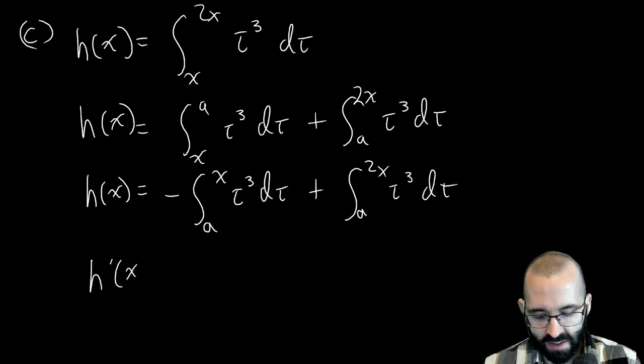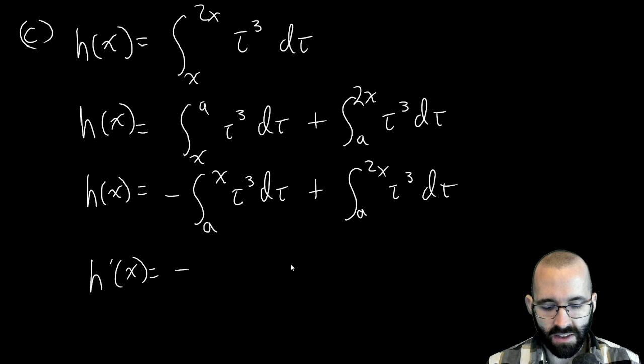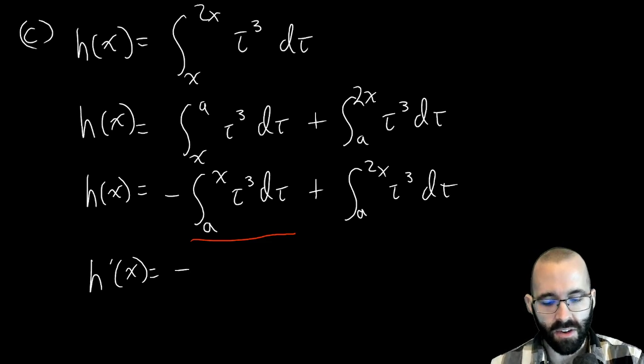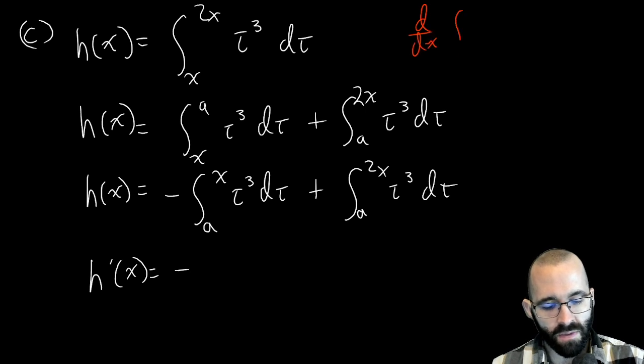So h prime of x. The negative is still there. We need to take the derivative of this integral. Well, this is exactly the situation of the fundamental theorem of calculus. Another way of writing the fundamental theorem of calculus, by the way, is this way. The derivative of this integral from some number to x of f of t dt equals just f of x.